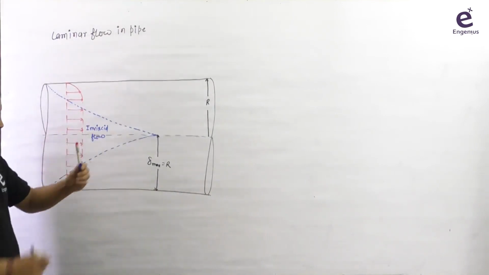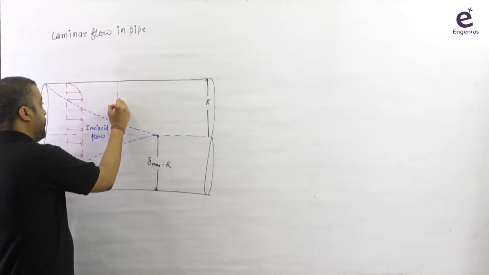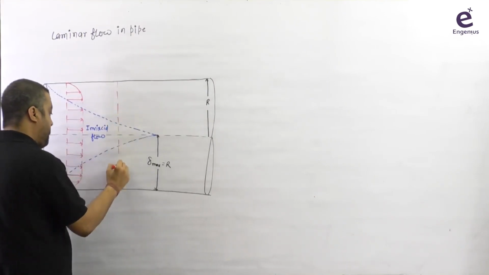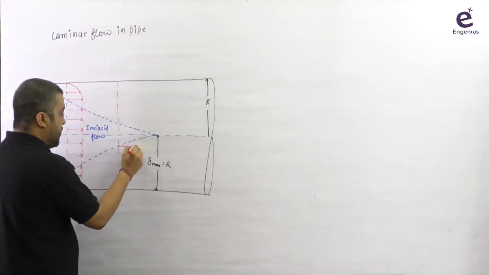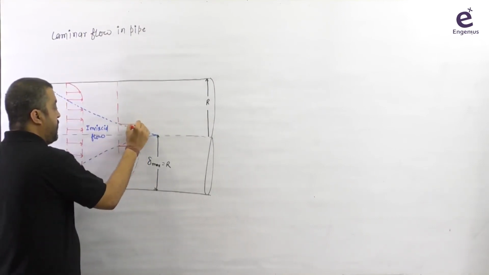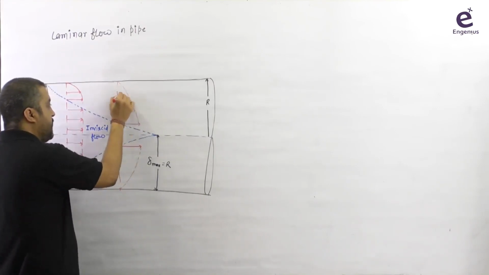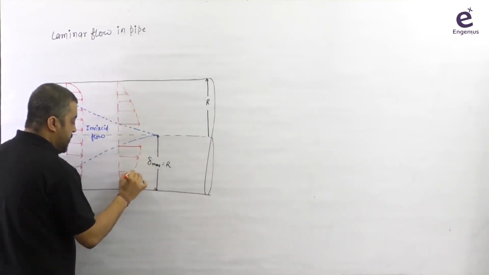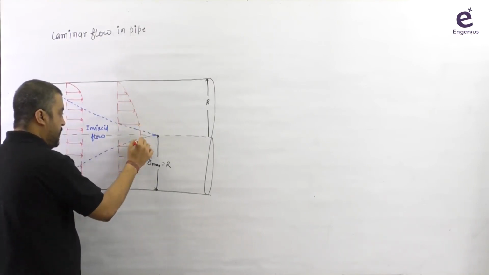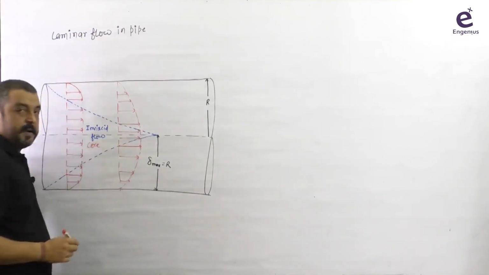Now, as we move further, if I try to draw the velocity profile here, up to this point is within the boundary layer. So here there is a velocity gradient. But beyond this point, in this inviscid flow core, the curve will be flat.